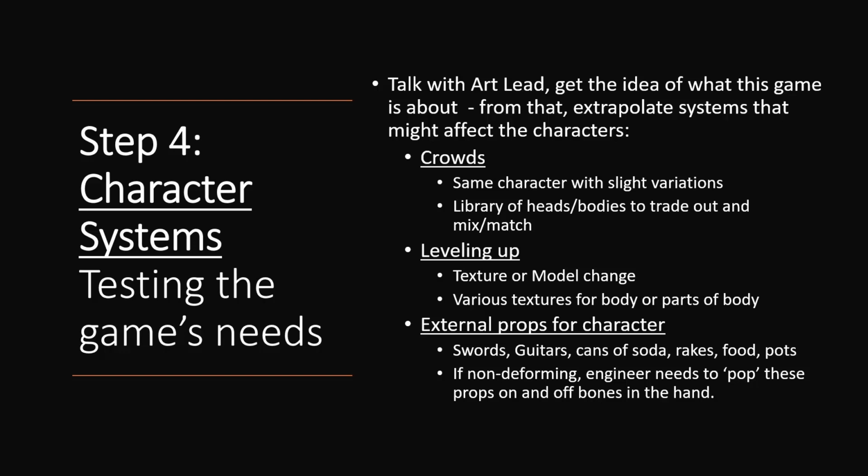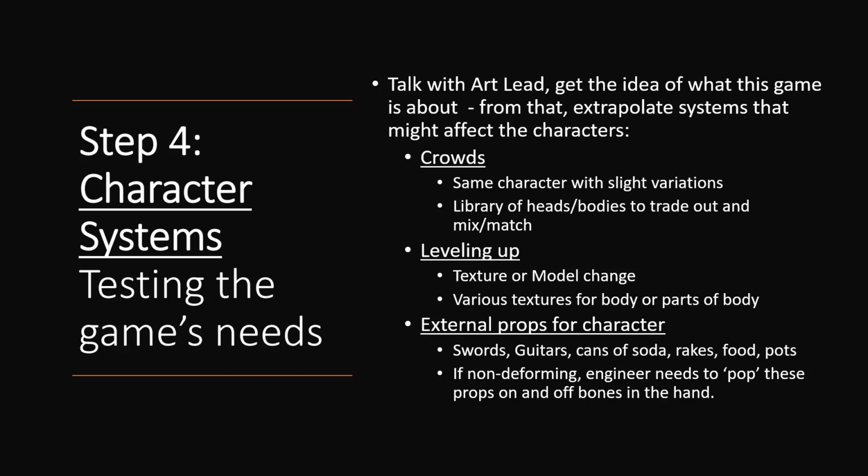And that means that you could go the route of the same character with slight variations, that you need to work on libraries of heads and bodies to trade out to mix and match, so you can make a crowd of hundreds of people from maybe 10 original models of different heads and bodies, or at least bring that system up as something that yourself and the engineer and the game designer have to work out.